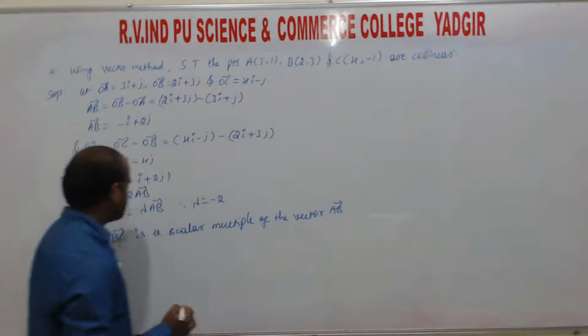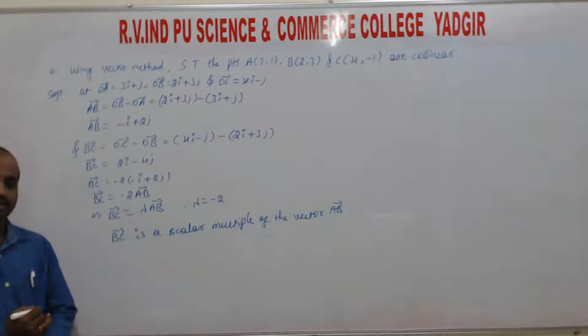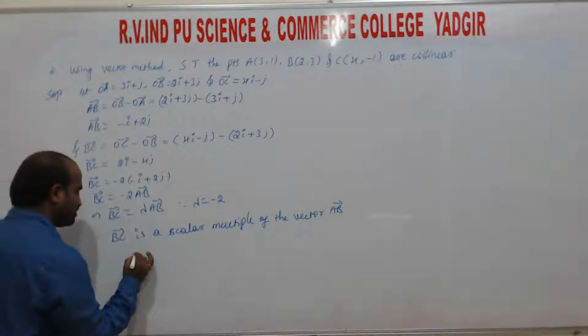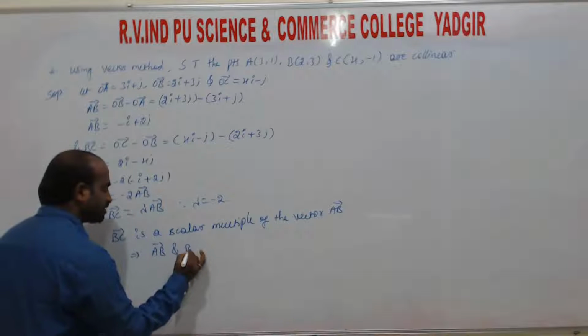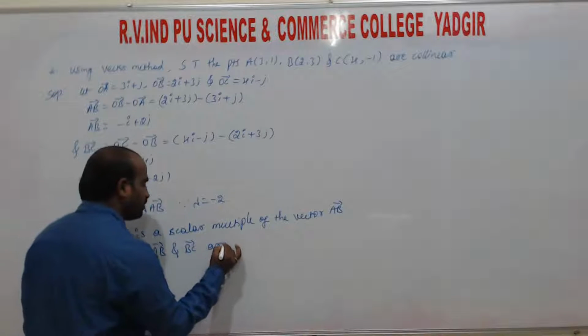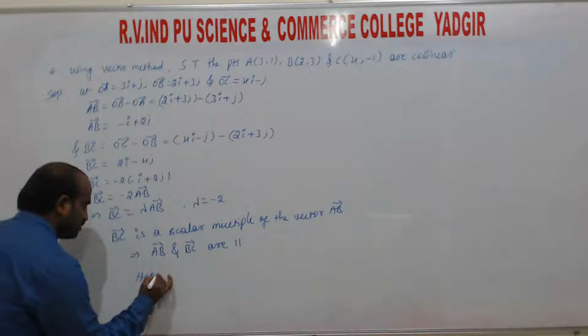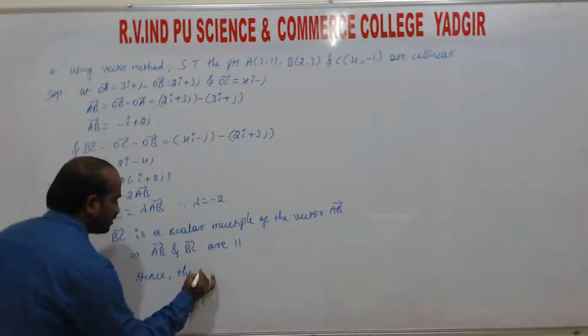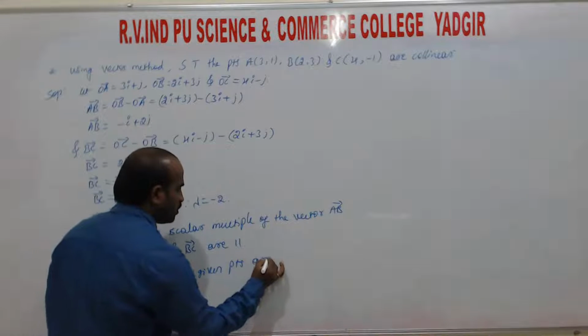This means AB vector and BC vector are parallel. Hence the given points are collinear.